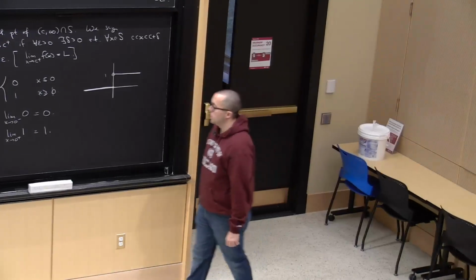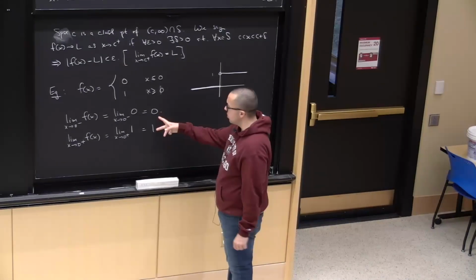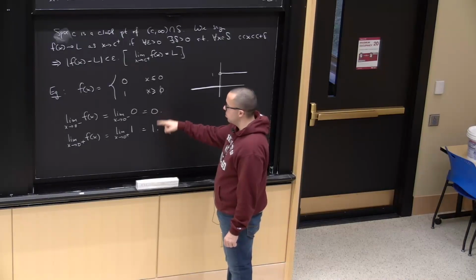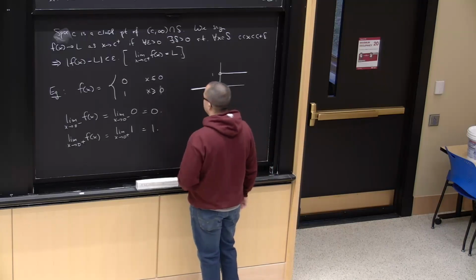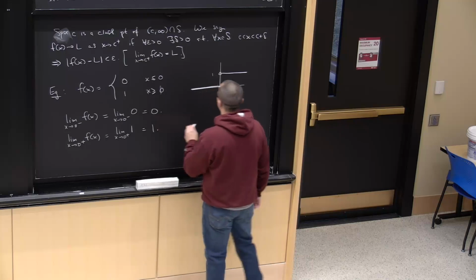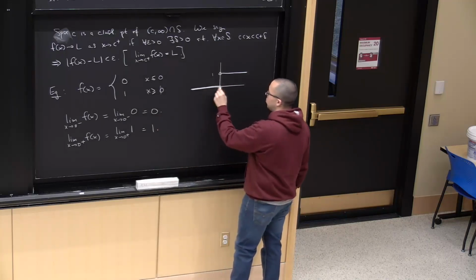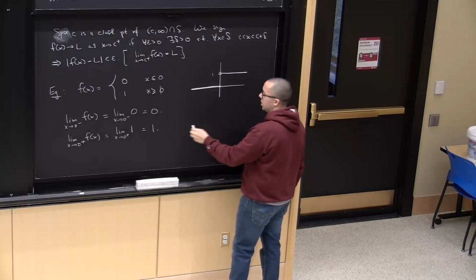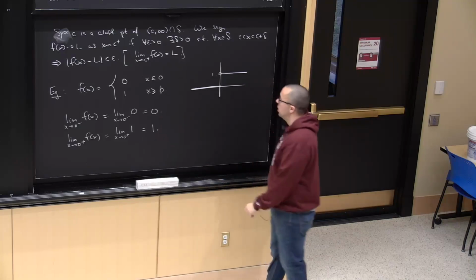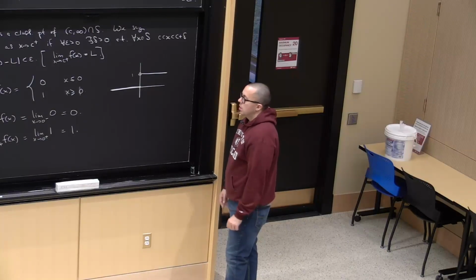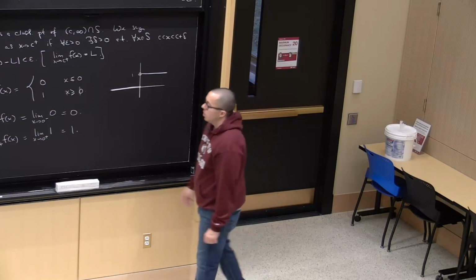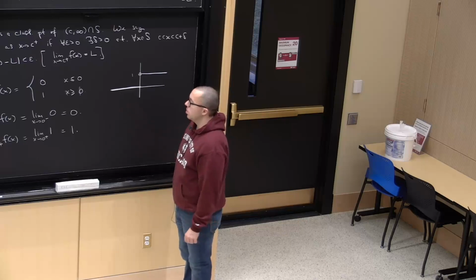So for this function, we see that it does have one-sided limits, except those limits don't equal each other. And they certainly don't all equal f of 0; this one does equal f of 0, but I could have made f of 0 to be a half, and then this still would have been 0 and not equal to the function evaluated at the point. So again, I'm making the point that for limits, it does not matter what the function is doing at the point.